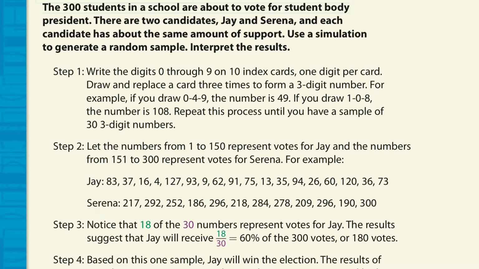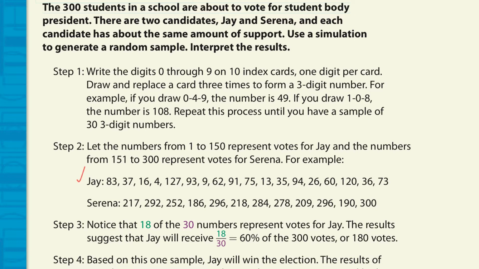So anyway, here are the students that they got. Each number represents a student in the survey. And notice that 18 of the 30 numbers represent votes for J. So for example, if you draw 108, repeat this process. We're going to let the numbers 1 through 150 represent votes for J. Those numbers are represented right here for J, right?